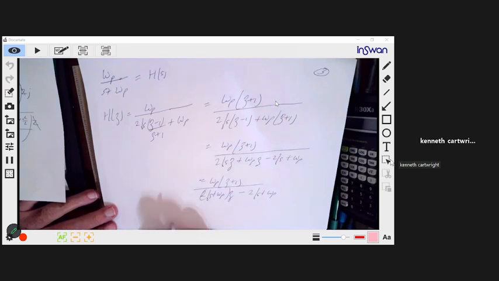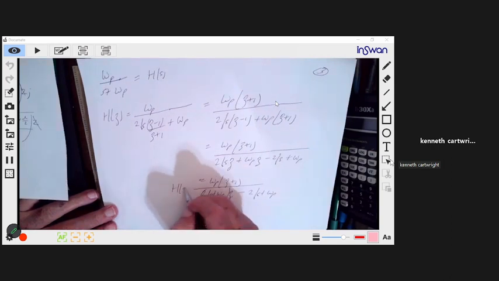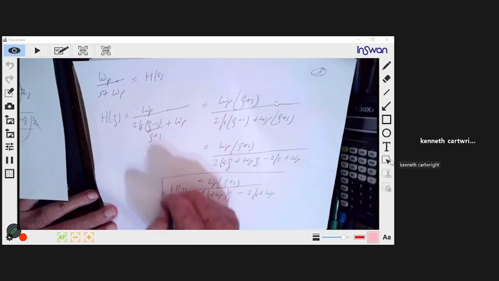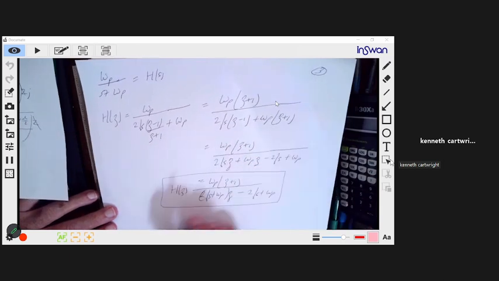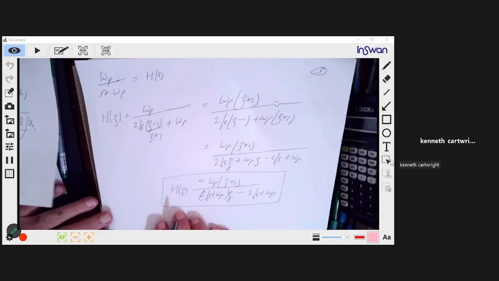So now what do we have? We have H of z. This is the transfer function now of our equivalent digital filter.